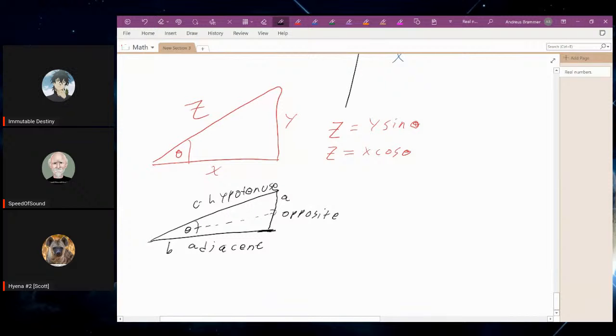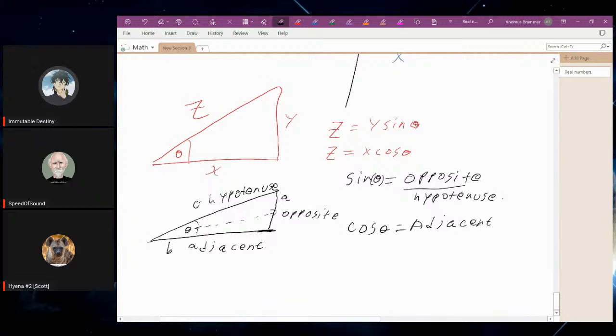So it turns out that sine theta is the opposite side over the hypotenuse. And cosine theta is the adjacent side divided by the hypotenuse.